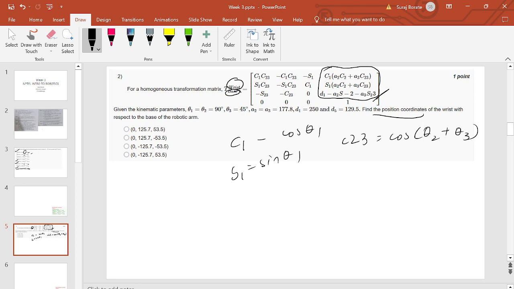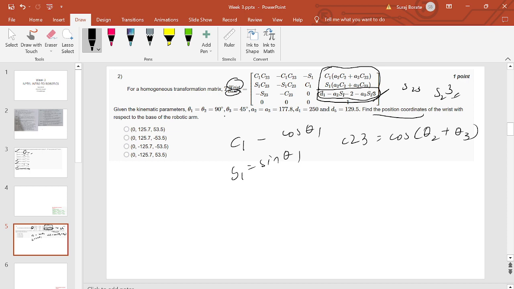There is a little bit of a typo here, I guess. This is S1 maybe, so there might be a slight number error, but don't worry. This is S23, but they have written it like S2 and 3, so ignore that.